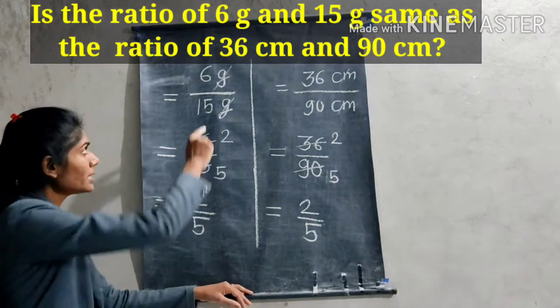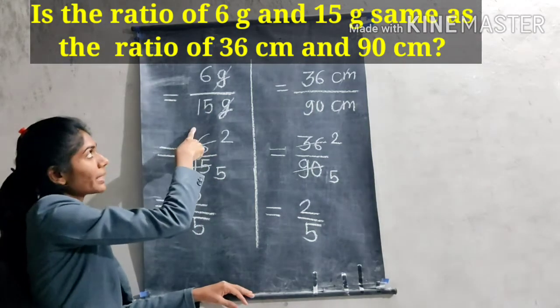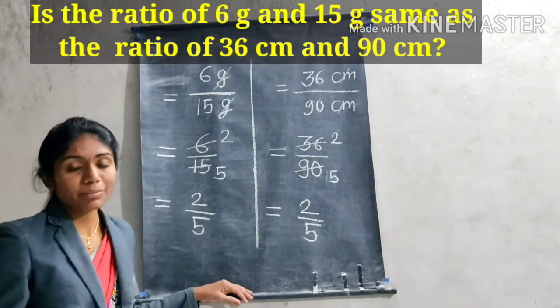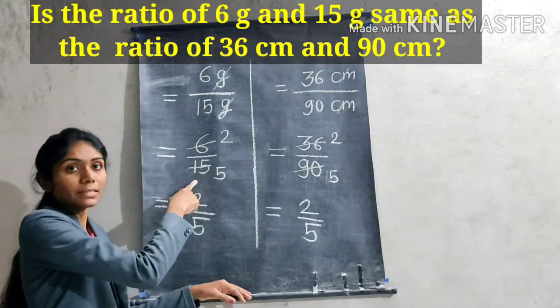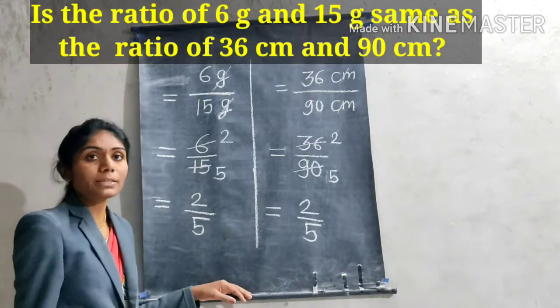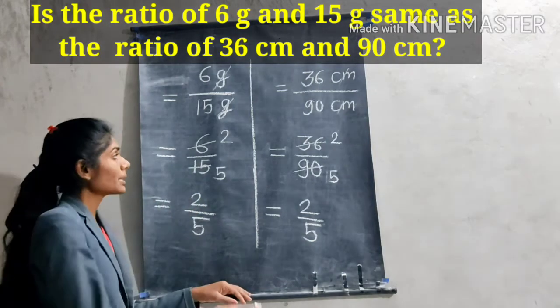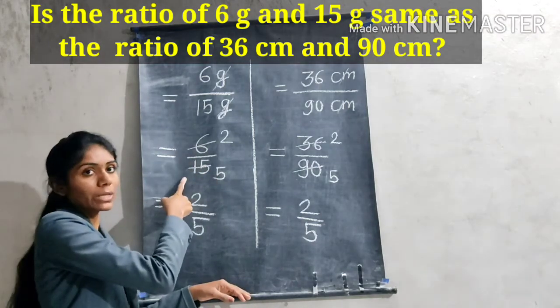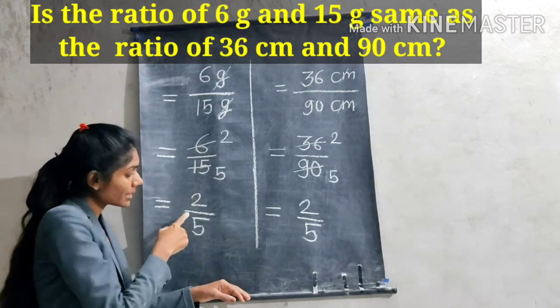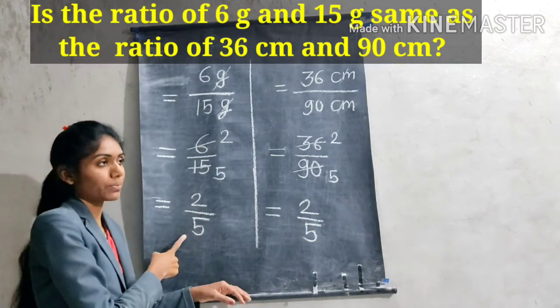So let's see. 6 gram upon 15 gram. The units are same, so they will get cancelled. So here 6 upon 15 is remain. So further it will simplify by dividing them by 3. So 3 2s are 6, 3 5s are 15. So we got here answer 2 upon 5.